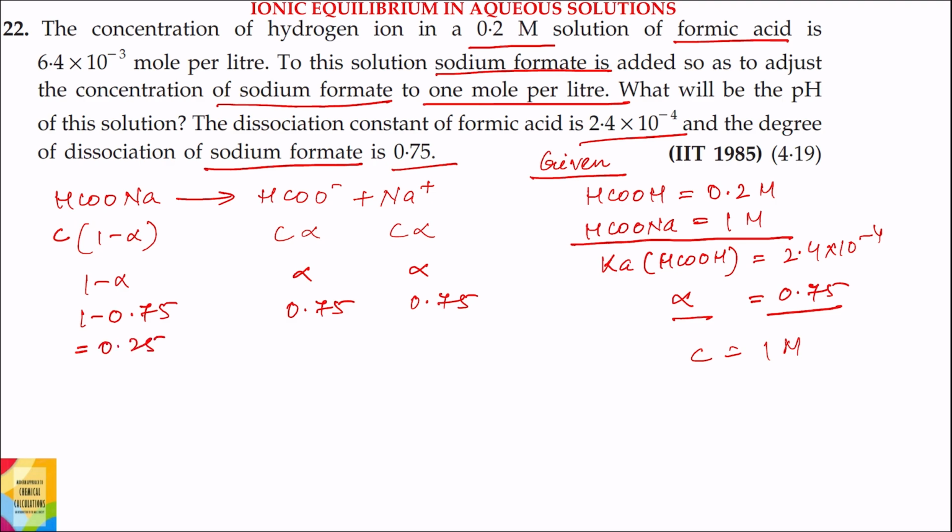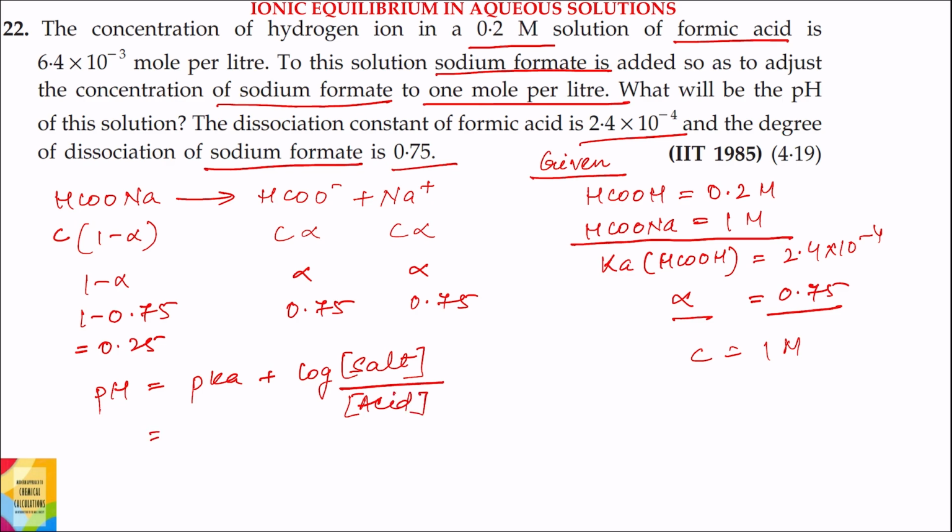Now what is the formula of pH? pH is equal to pKa plus log of the concentration of the salt divided by the concentration of the acid.